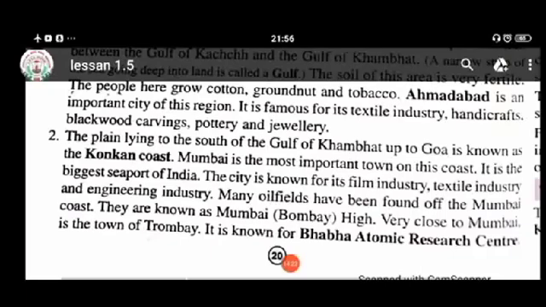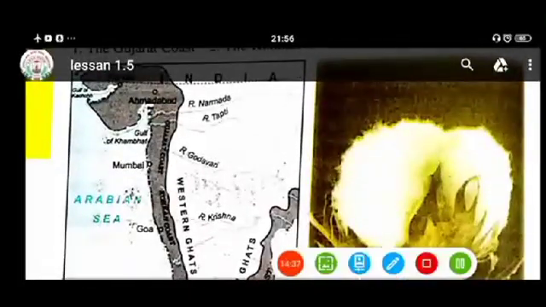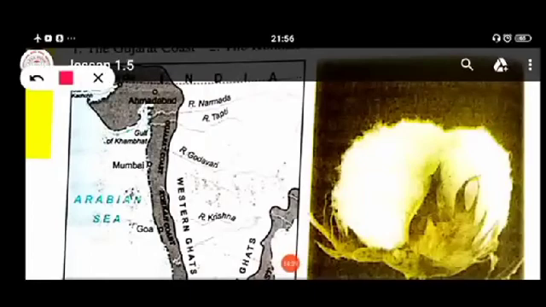The Konkan Coast is a rugged section of the western coastline of India. Here you can see the Konkan Coast. It lies to the south of the Gulf of Khambat, up to Goa.